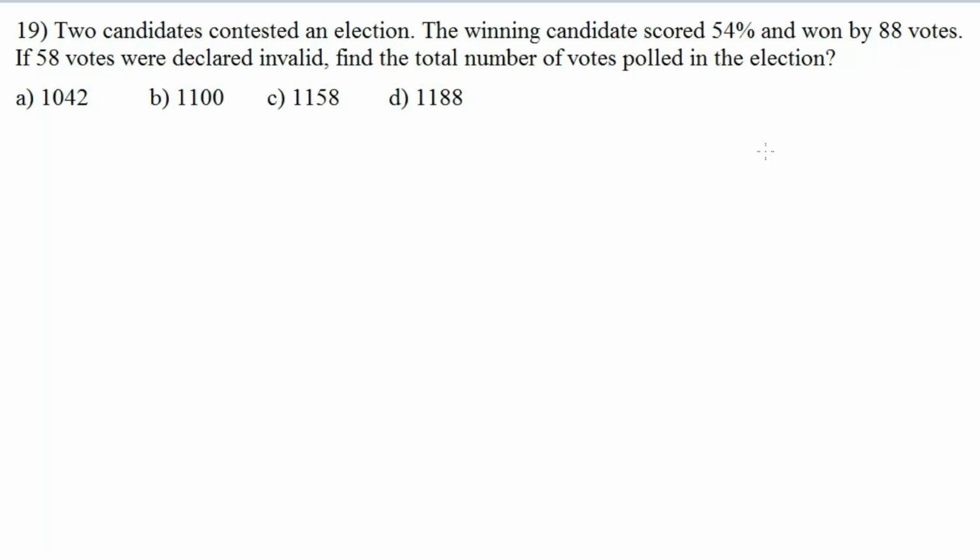Question number 19. Two candidates contested an election. The winning candidate scored 54% and won by 88 votes. If 58 votes were declared invalid, find the total number of votes polled in the election.